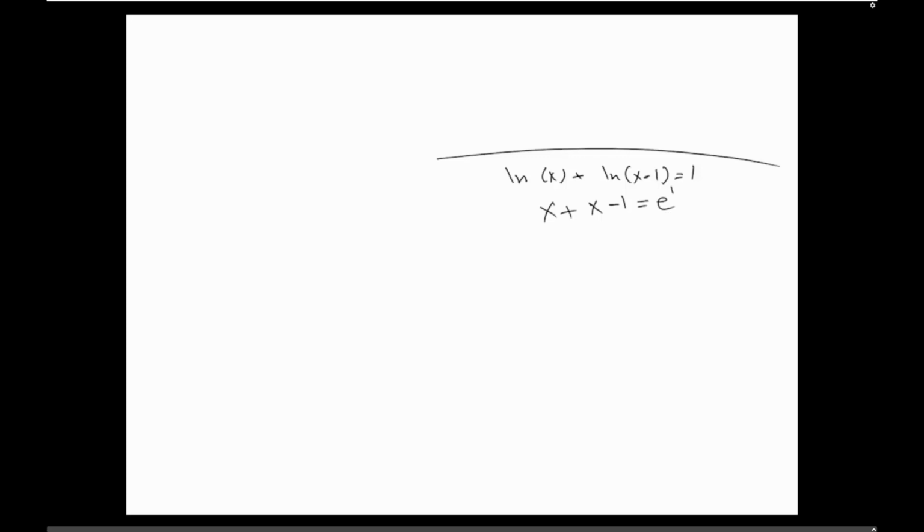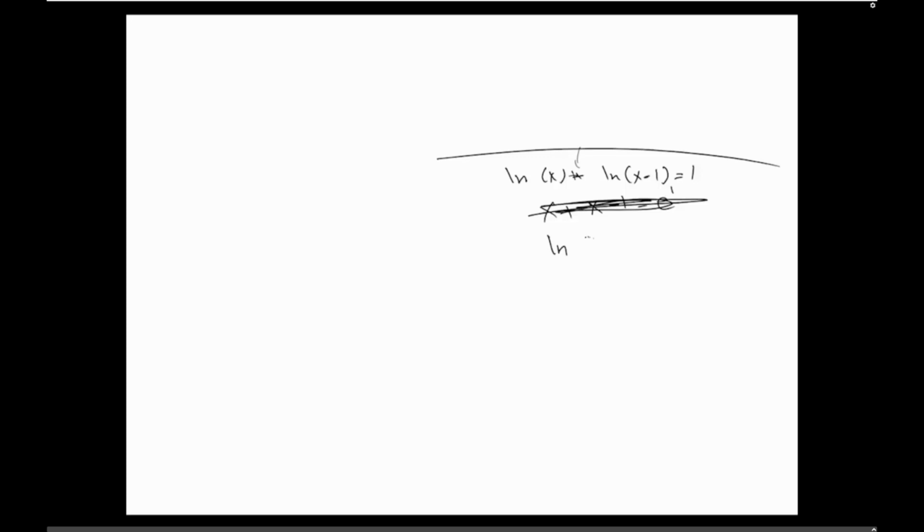Or sorry, I forgot one step. So before doing that, we have to use one of the ln equations, which says when we have the addition over here, then it's gonna convert it to multiplication.